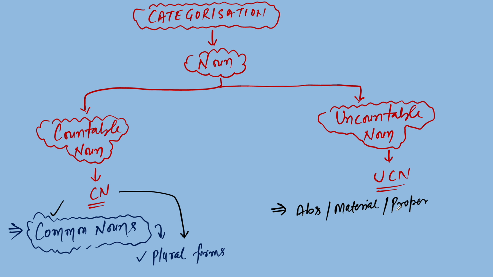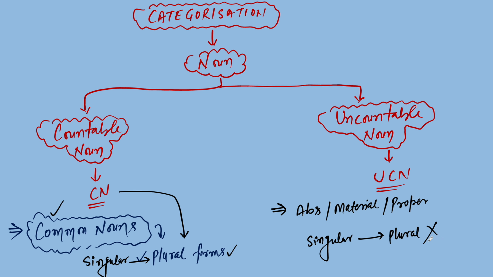These are the nouns which cannot be converted into plural form directly. Is it clear? Means here you can convert from singular to plural directly, but here you can't convert from singular form to plural form. Is it clear or not?